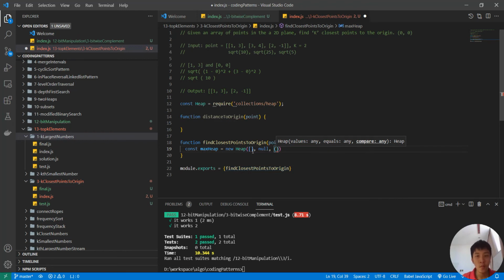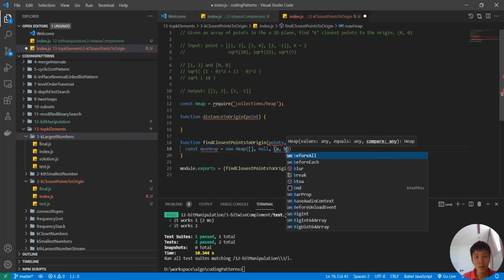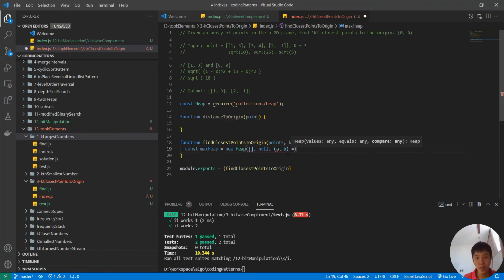Max heap takes in two arguments A and B, and we want to use this distance function.